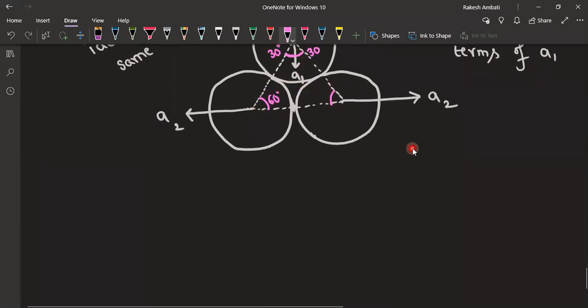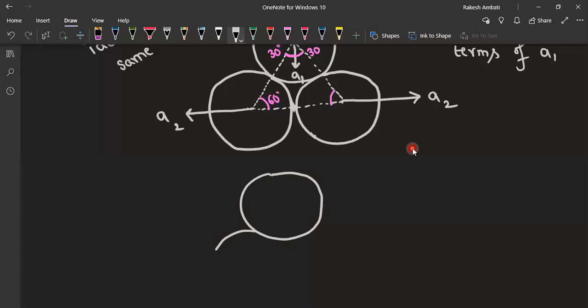So here is one sphere, and here is one more sphere. This sphere is moving downwards with acceleration A1, and this sphere is moving leftwards with acceleration A2.